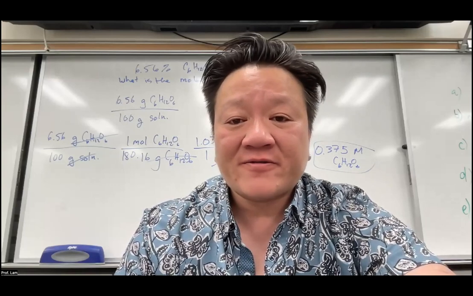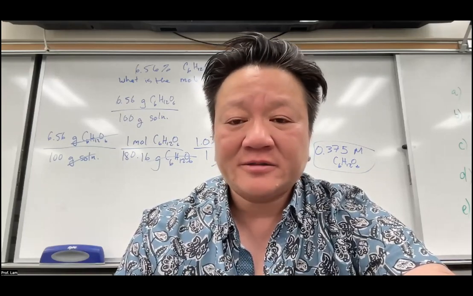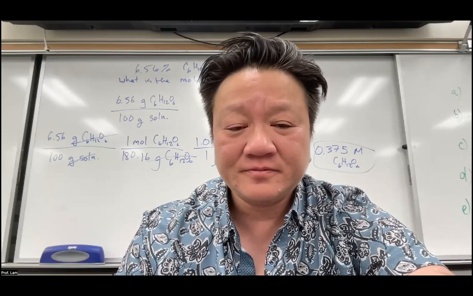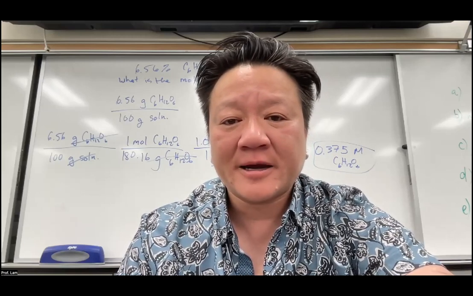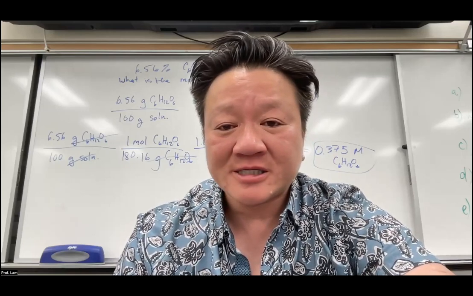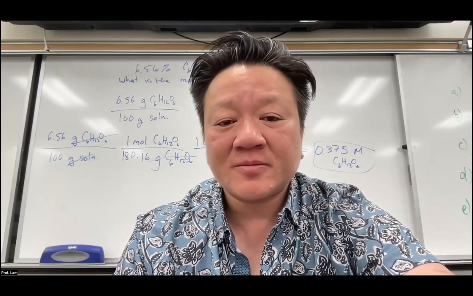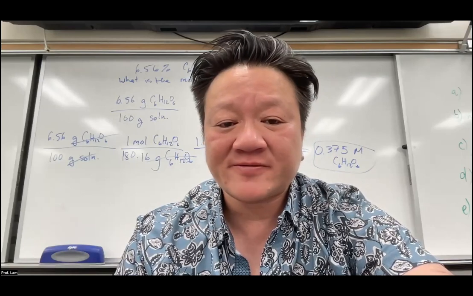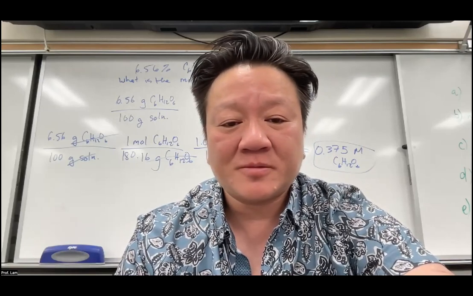Okay, so now we have the numerator, which is the moles of water, over the total moles, which is these two numbers put together. So the moles of water is 16.65, divide by the total moles.